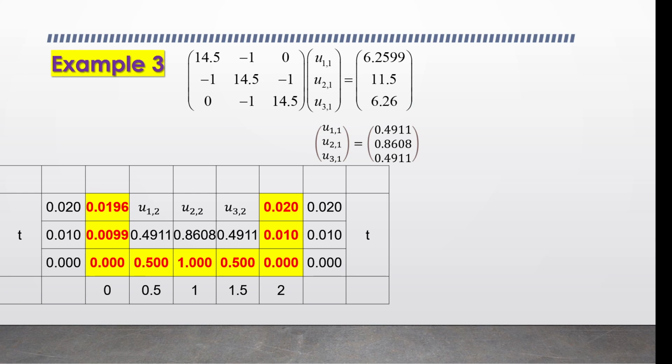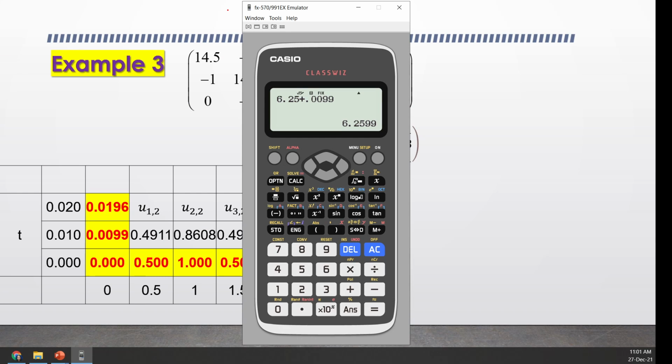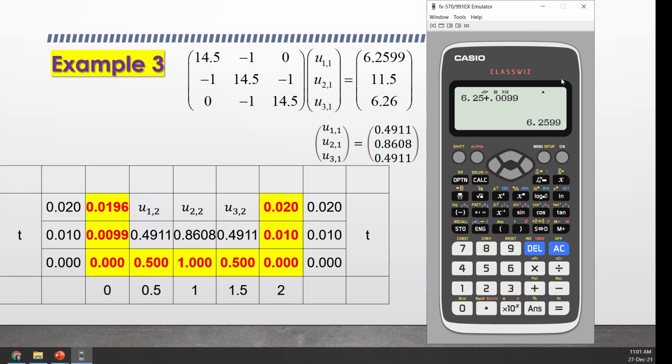Then you put them up here. Using your scientific calculator in equation mode, simultaneous, 3 unknowns, key in the coefficients: 14.5, negative 1, 0, 6.2599.